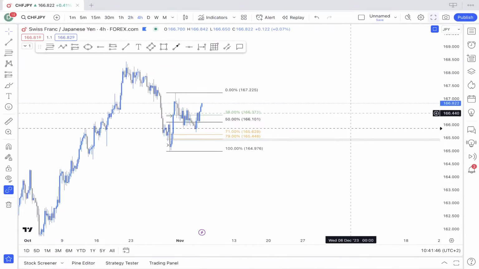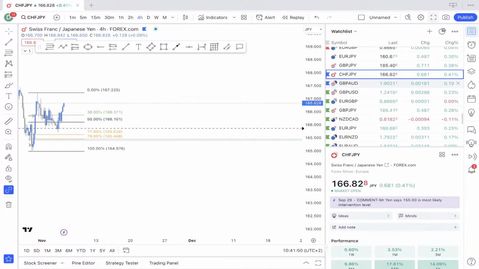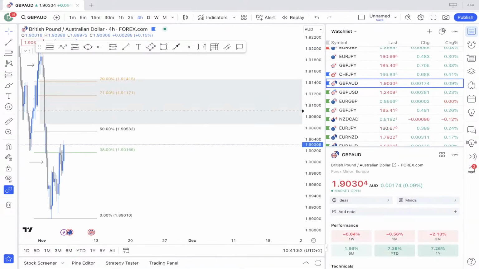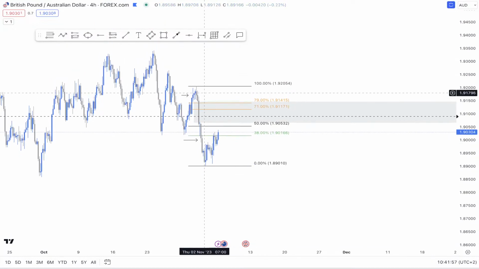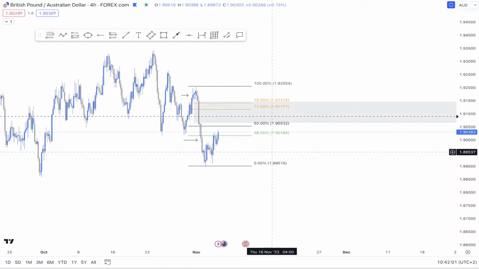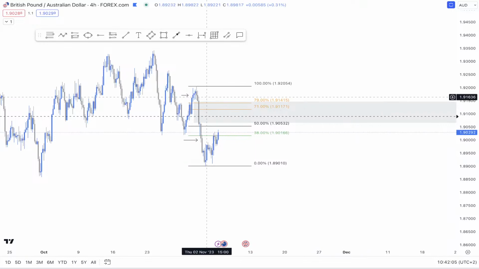Okay. Next up, we have GBP AUD. Okay, so on this one, we have a sell limit opportunity looking pretty nice. Again, we have a liquidity sweep followed by a very impulsive break of structure to the downside. Again, a massive fair value gap has been left behind, that's lining up perfectly with our area of interest.